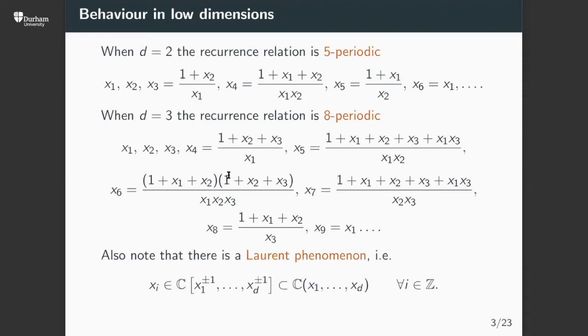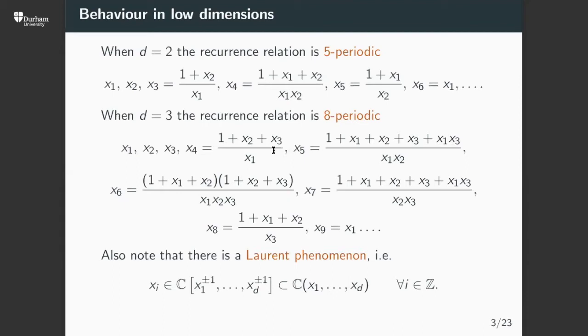And that's completely unclear, because when I calculate the next term in the sequence, suppose I'm in the d equals 3 sequence and I want to calculate x8, then I have to form some polynomial in terms of x1, x5, and x6, and then I have to divide by x4, and x4 has a non-trivial numerator. So when I do that division, that has to divide the numerator of the sum, and that just happens by magic in this case.